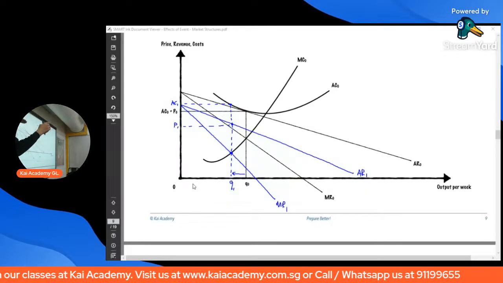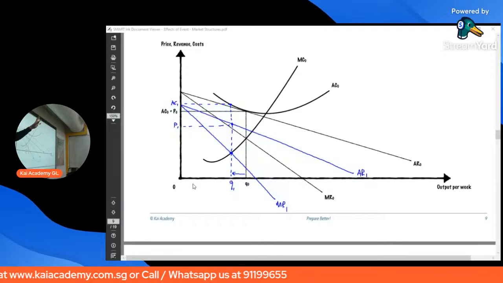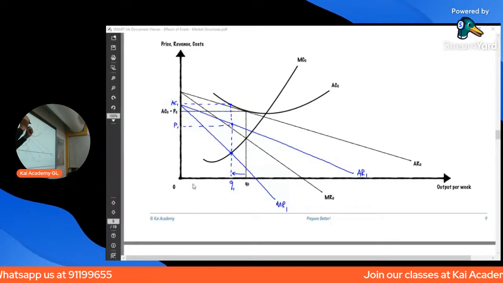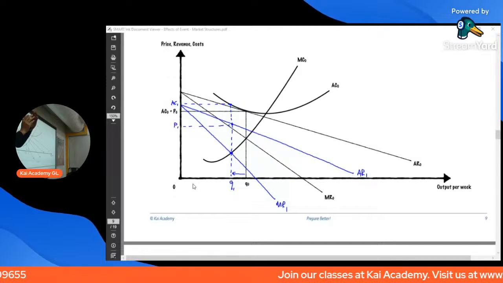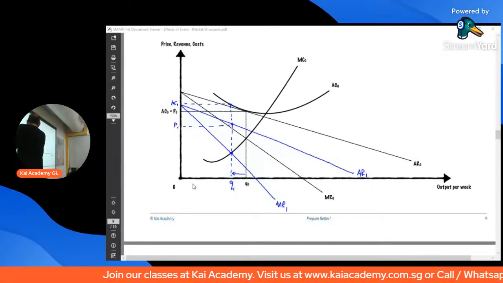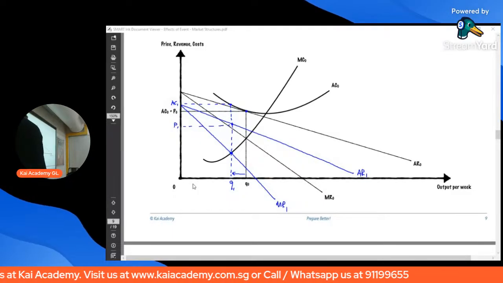But now, because there are fewer firms left, so instead of 6, 7 restaurants, now left 3 restaurants, you have more market power already. So the AR curve becomes steeper as well, but still normal profit. So as you shift out and tangent at this point is normal profit. So now I need a steeper curve.